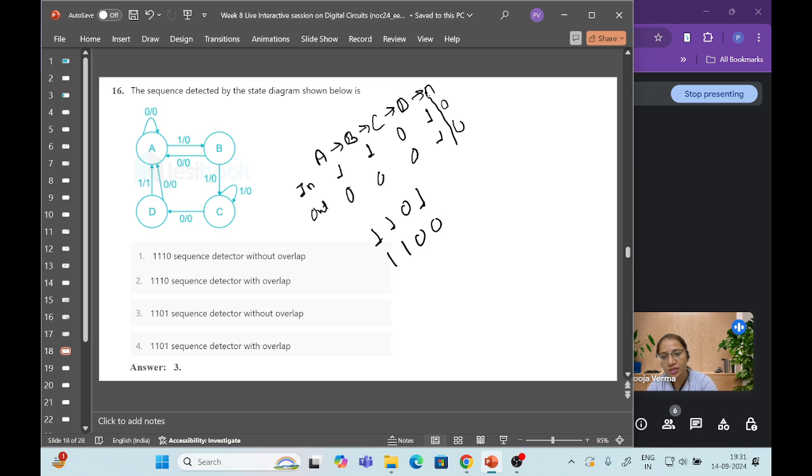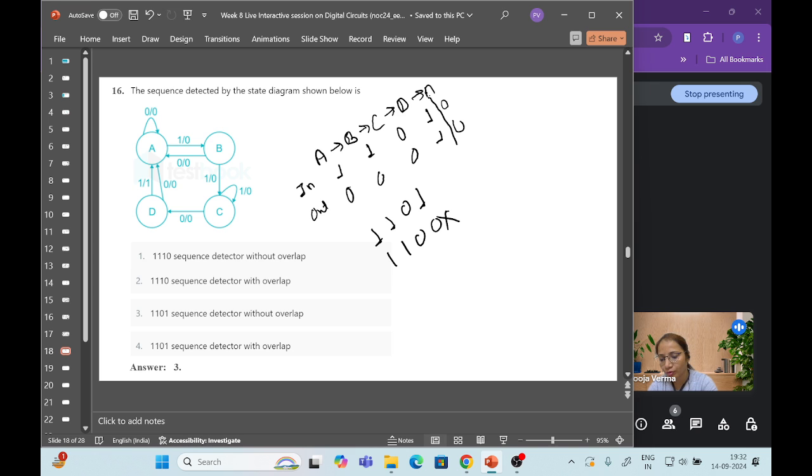In the question it is already given: 1110 sequence detector without overlap or 1110 sequence. That sequence we didn't find. We got 1101, which is discarded because it is not in the options.